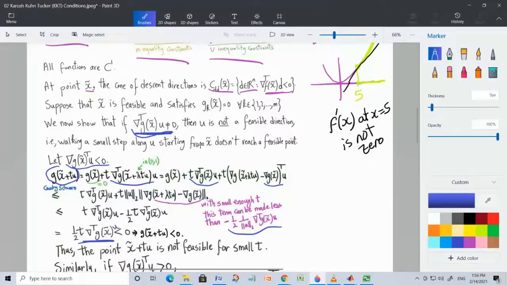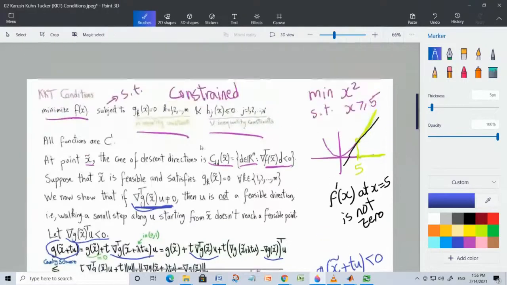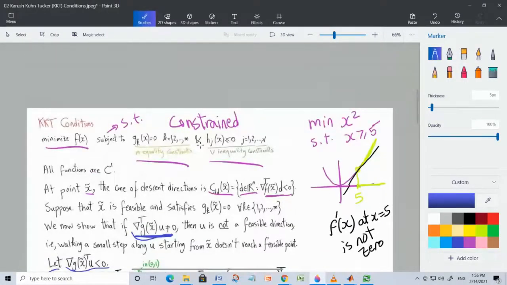So I think I missed the u. So the inner product is negative, and you multiply by t, which is positive, so you get something that is negative. So basically, if this inequality is true, g of x tilde plus tu is strictly negative. But the g functions, we want them to be 0.